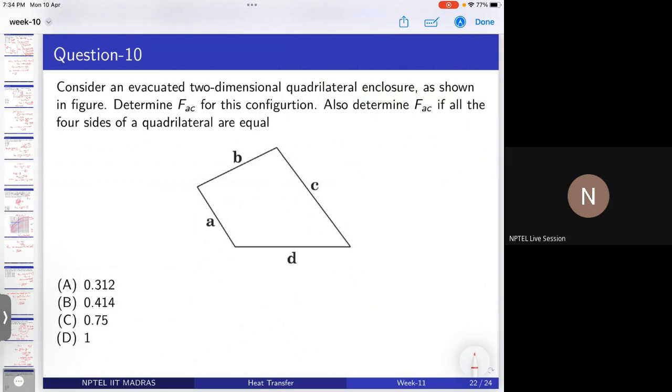I'll give you 2 minutes to try this. You can divide this section into two triangles and apply it. Then you can do some arithmetic and finally find out what FAC is.